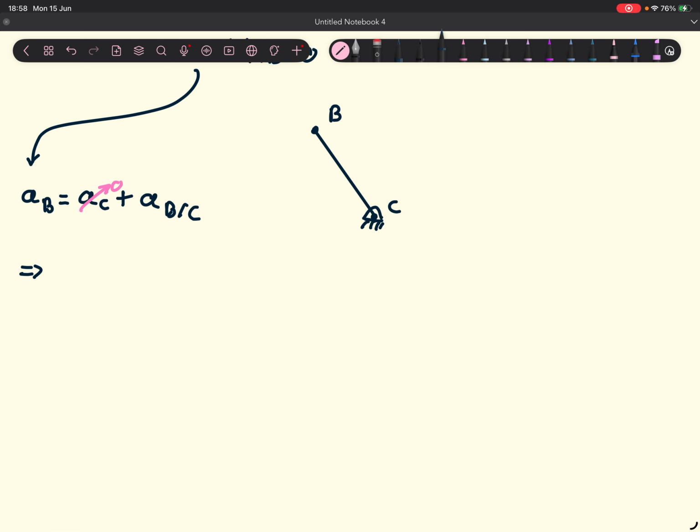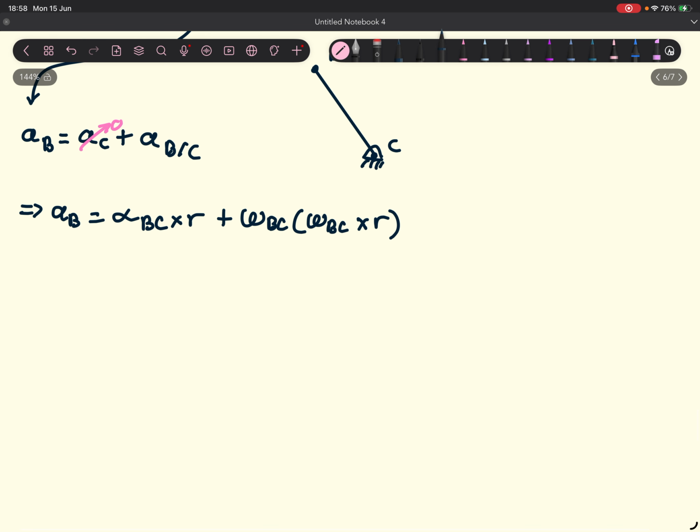And then this is going to decompose to alpha BC times R plus omega BC crossed with omega BC crossed with R, right? So we don't know this, right? We don't know omega BC, and we don't know that, and we don't know that.